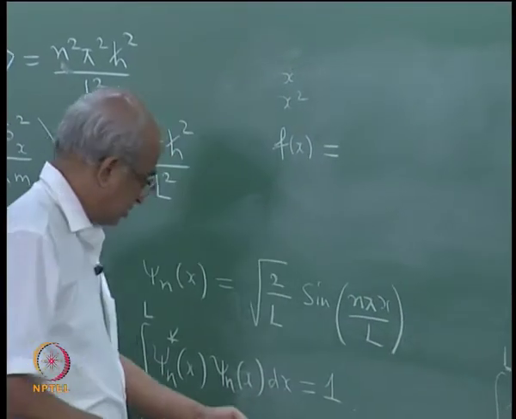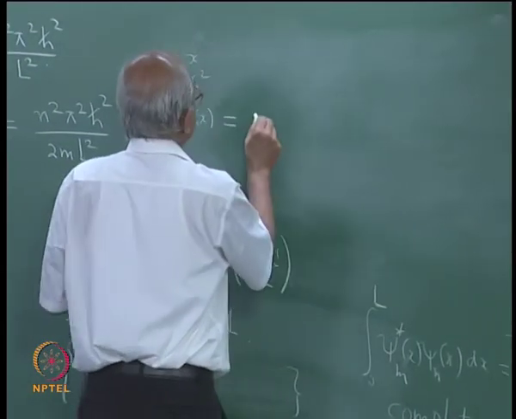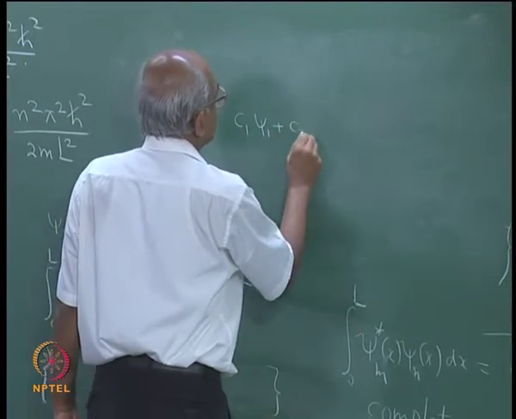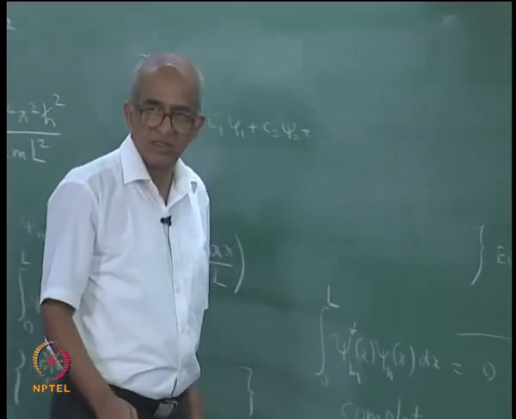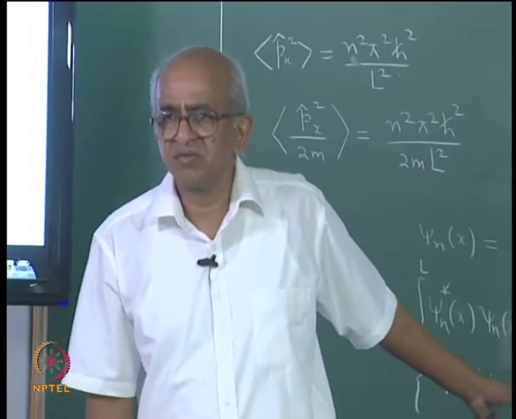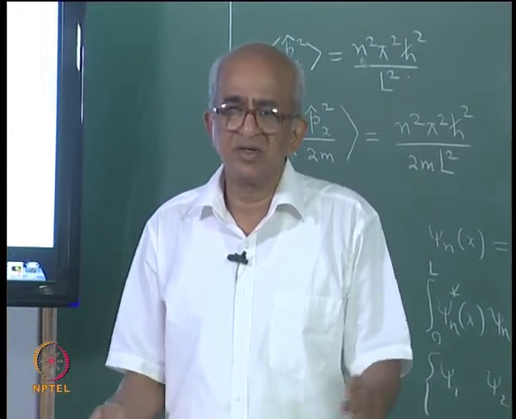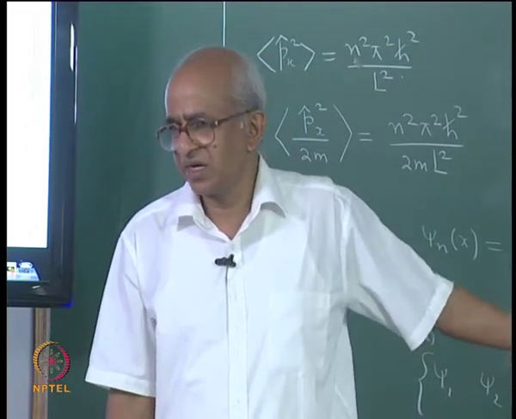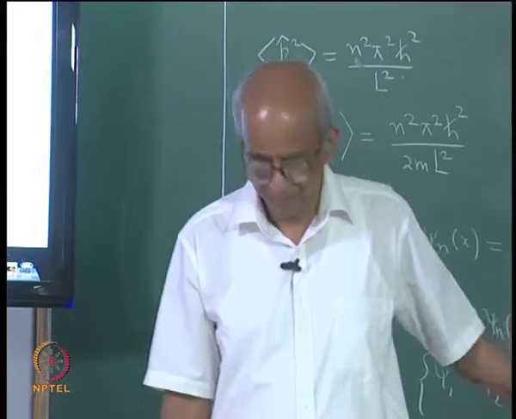Now, this set is complete, which essentially means that I can express any function of x as C 1 into psi 1 plus C 2 into psi 2 plus C 3 into psi 3 and so on. Any function that you have can be expressed in terms of these functions, and a set for which this is satisfied is referred to as a complete set. So, mathematically speaking, these functions can be shown to form a complete set.